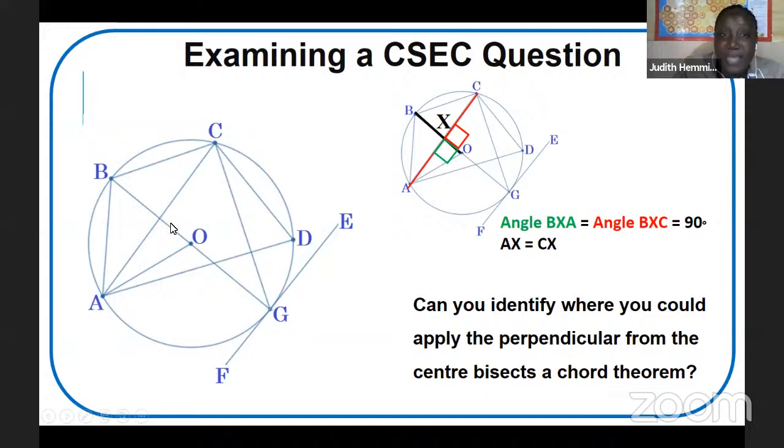So the two right angles will be formed at the point we call X in the diagram, so I can call them CXO and OXA. Those are the two right angles that we are looking for. And the lengths AX and CX are both going to be equal.